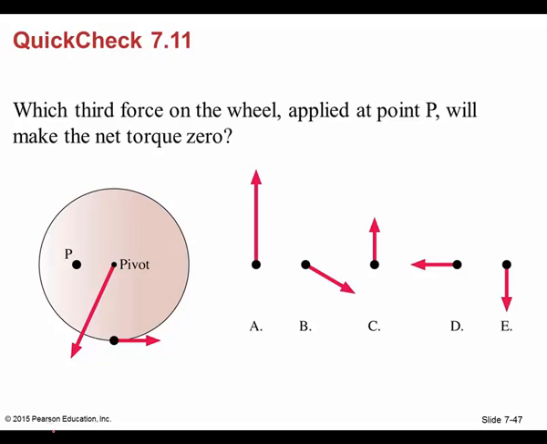Which third force on the wheel applied at point P will make the net torque 0? Okay, all right, now notice that this is going counterclockwise. See, it's pulling it, making it rotate that way, so that's positive torque, okay? Well, we want to make the net torque 0, okay?